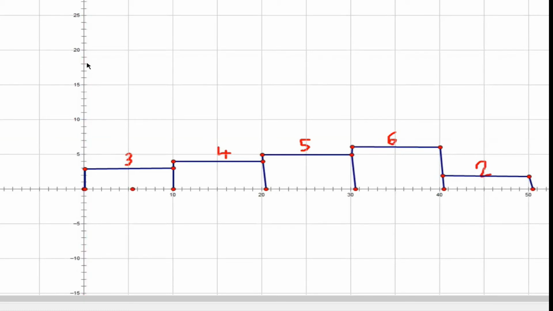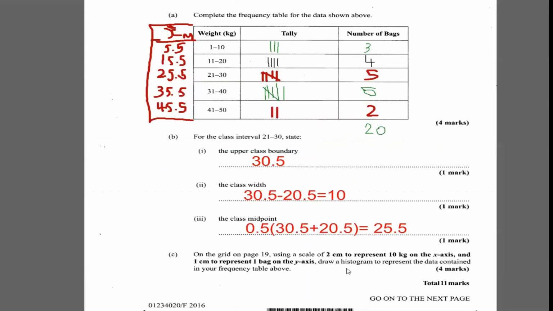I'm not sure how to zoom in this scale, but this is what we have. This is our histogram. Nice and easy. And for anybody that wants to plot these graphs, this is known as Geometer's Sketchpad. It's very nice. All right, so that's that.